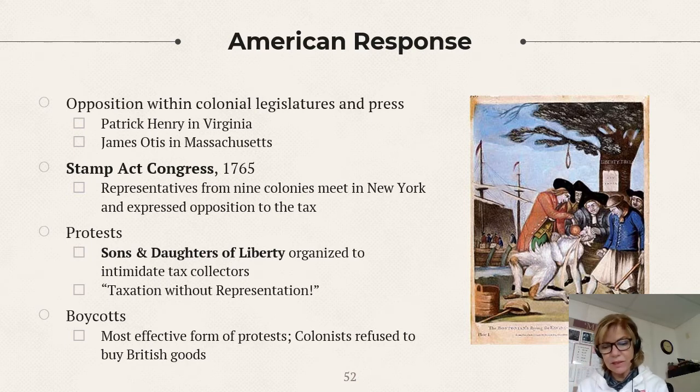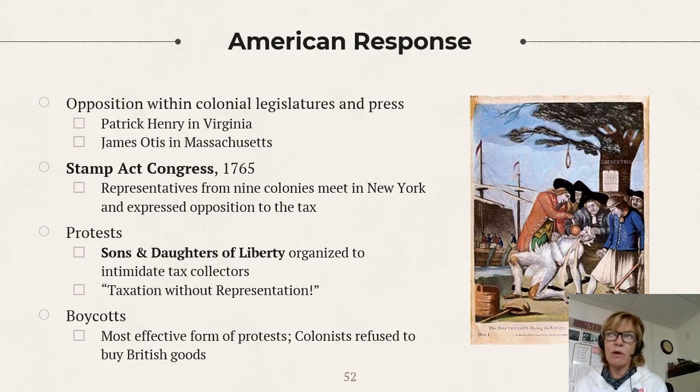There were also the Daughters of Liberty, and some people say that they were more radical. A lot of what they did, though, was help to organize the protests. So probably the most successful thing were the boycotts. Now, a boycott is when you swear not to buy something from England. So people are like, we're not going to buy from you.